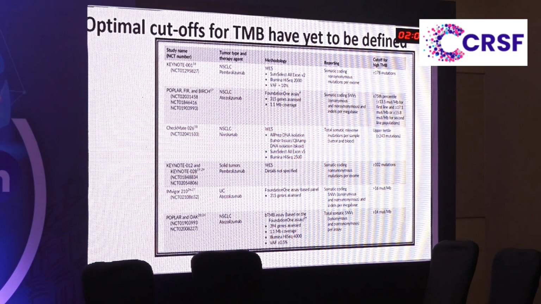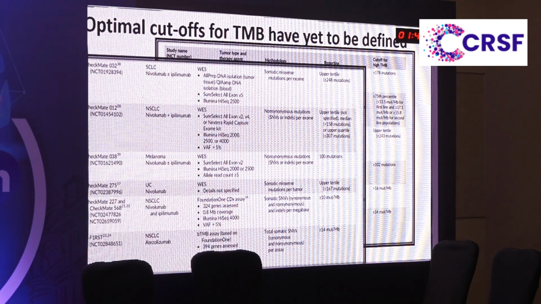The next problem for the clinician when they get the report of TMB is what about the cutoff value. So I just want you to please focus on the last column, where you can see some of the trials have used the number of mutations as a cutoff, and others have used mutations per megabase pair.